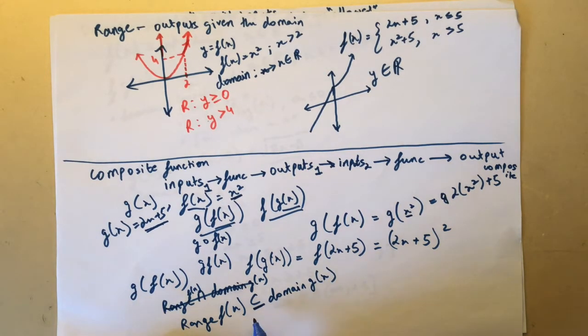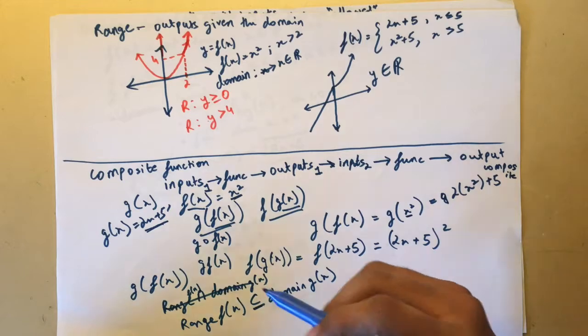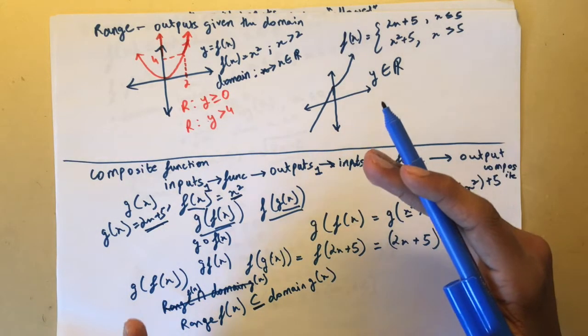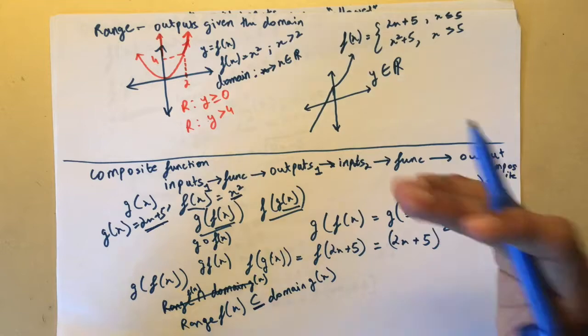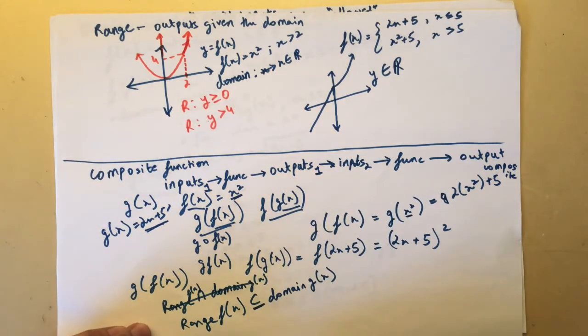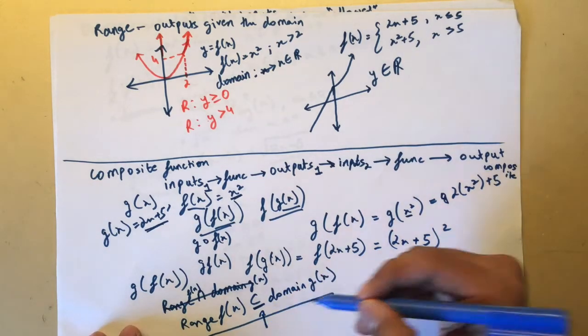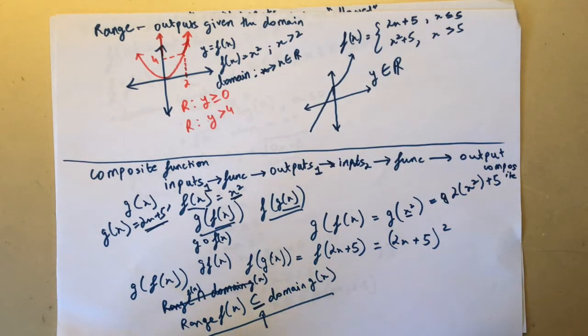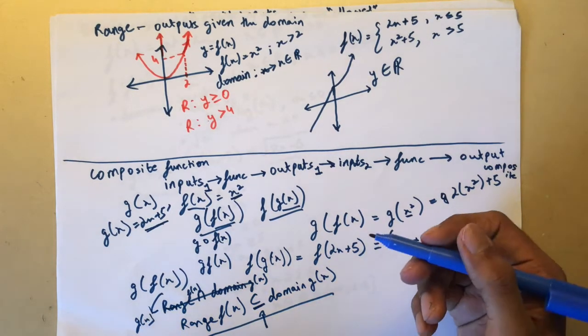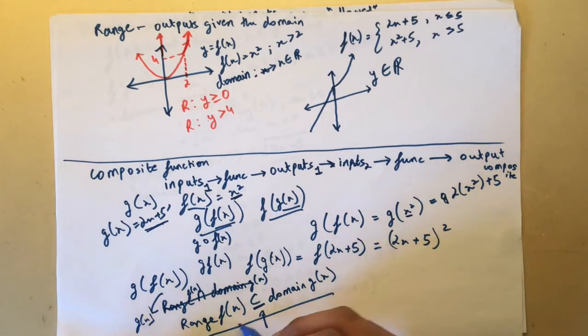Because if this is not true, then there can be some values that f of x spits out which cannot be inputted in g of x. So even if the range was bigger than the domain of g of x, we would have to reduce the range down to become a subset of the domain of g of x. And this notation here is the notation for a subset. And then we'll have the range of this function to be the range of g of x under this subsetted domain.